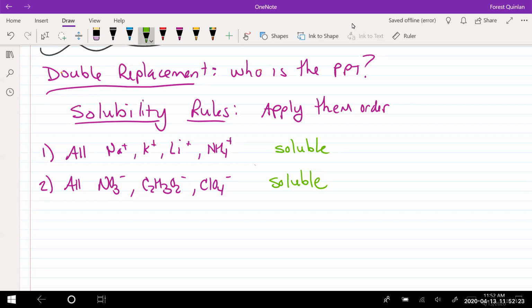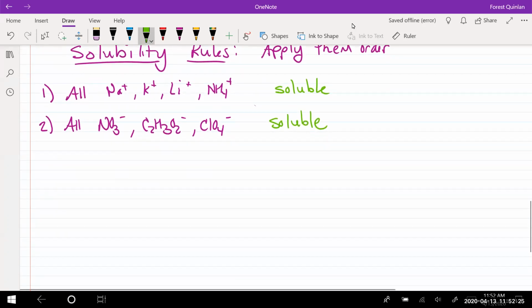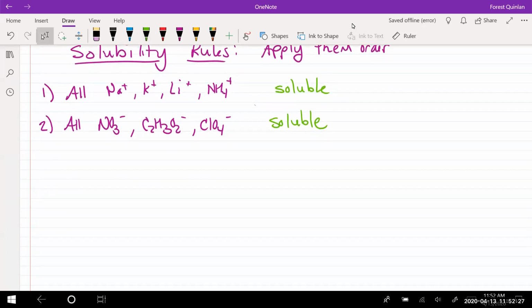Now, let's start talking about some of the exceptions. Number 3, all silver, mercury, and lead. It doesn't matter if it's the 2+ or 4+ version. I'm not going to worry about that. Just remember silver, mercury, and lead.